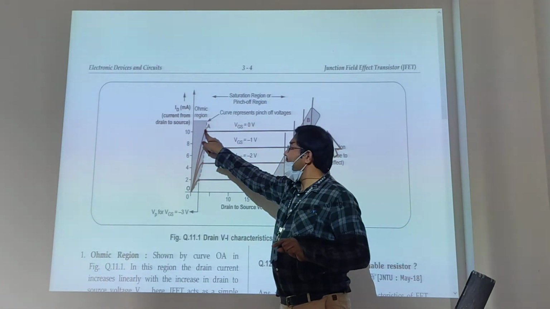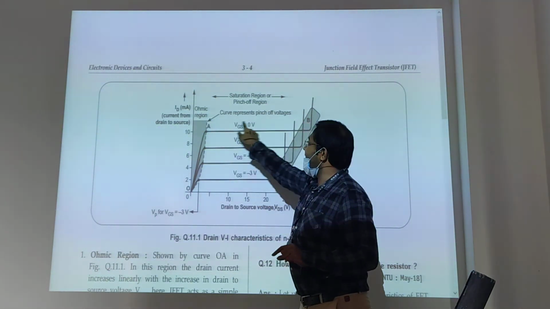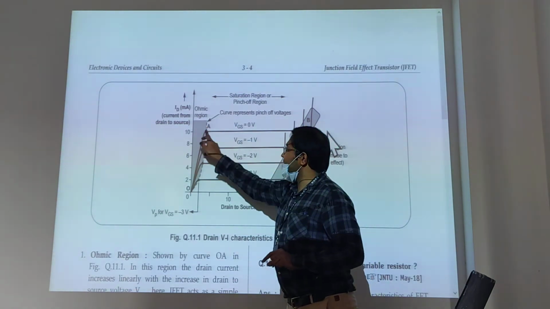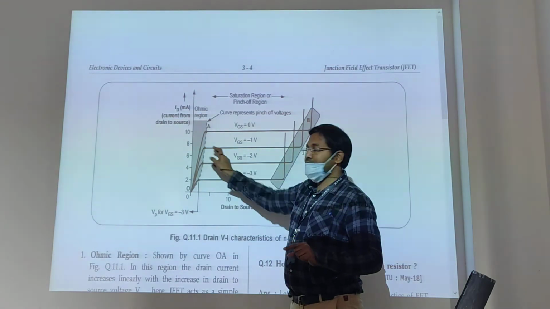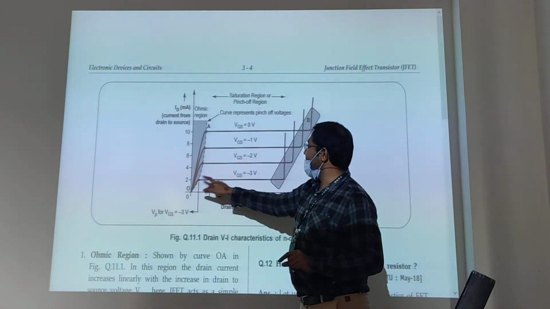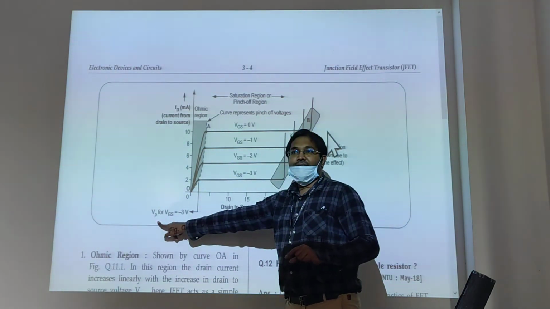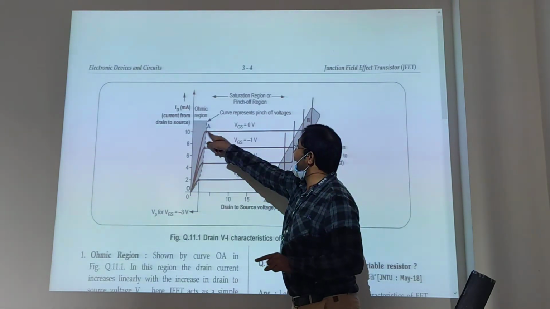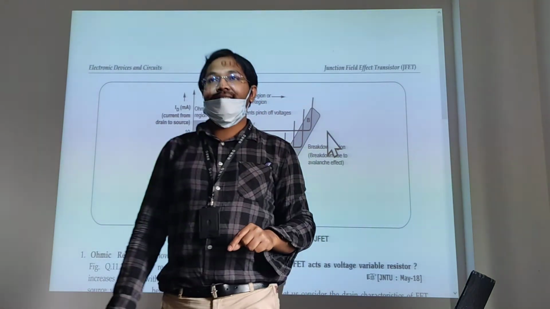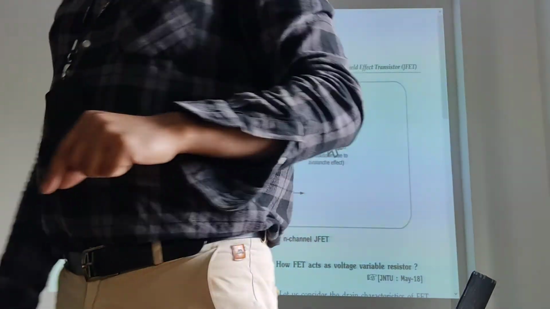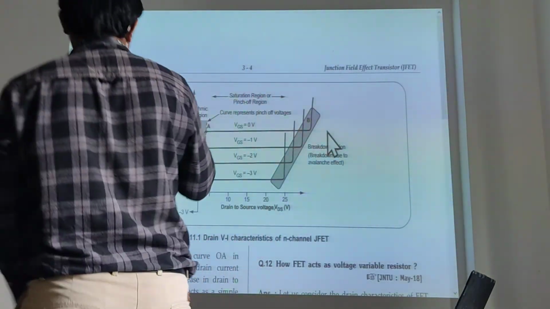And it is already mentioned. This is pinch off voltage for different VGS values. Pinch off voltage when VGS is -3. But we have to take pinch off voltage when VGS is 0, because there only we get IDSS. There only the ID will be IDSS.